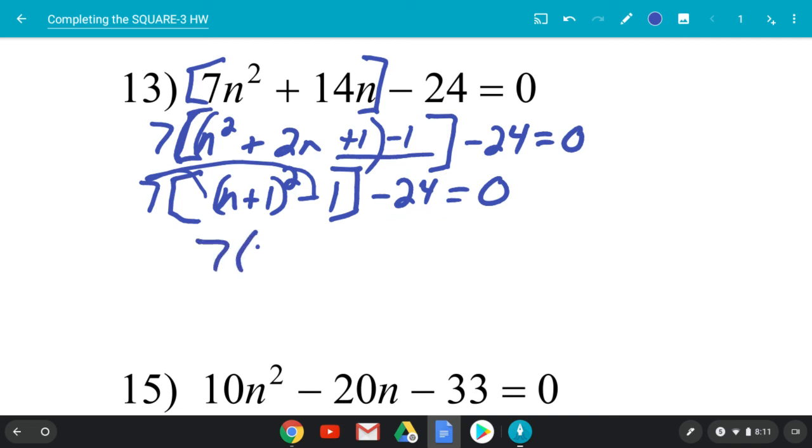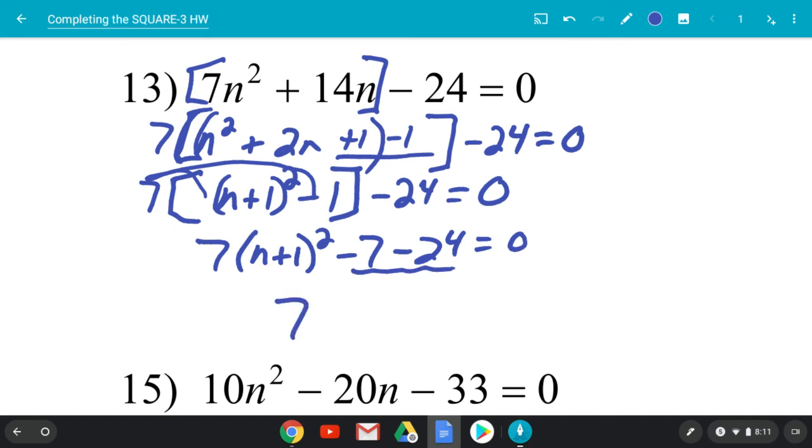So I have 7 times n plus 1 quantity squared minus 7 minus 24 equals 0. Now I combine those two like terms. 7 times n plus 1 quantity squared minus 31 equals 0. Somebody got that one? Oh, good. Good.